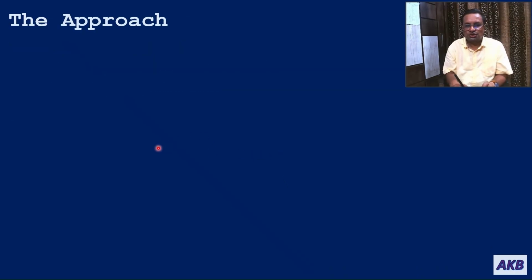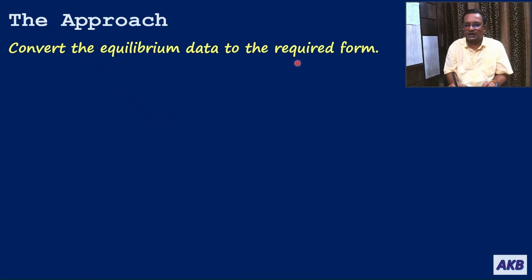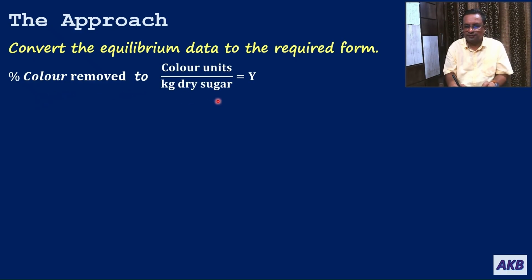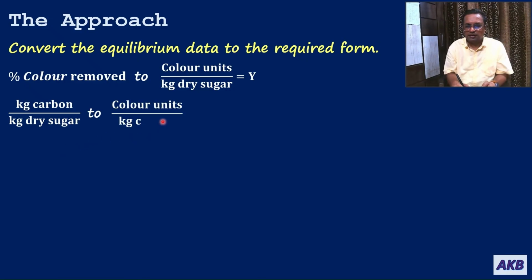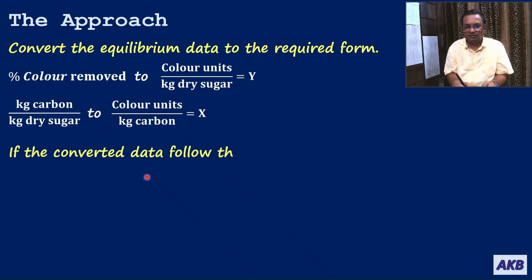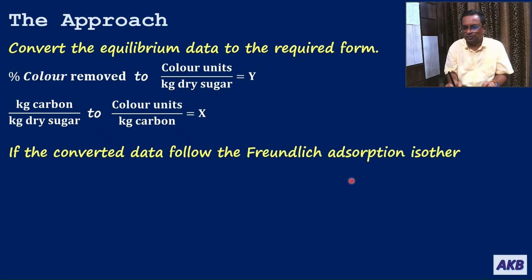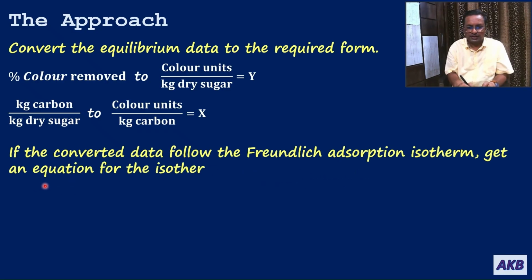What would be the approach to solve this numerical? First, we will convert the equilibrium data to the required form. So percentage color removed will be converted to color units per kg dry sugar, that is capital Y. And kg carbon per kg dry sugar will be converted to color units per kg carbon, which is nothing but capital X. And if the converted data follows the Freundlich adsorption isotherm, we are going to get an equation for the isotherm in the form capital Y is equal to m into x raised to n.